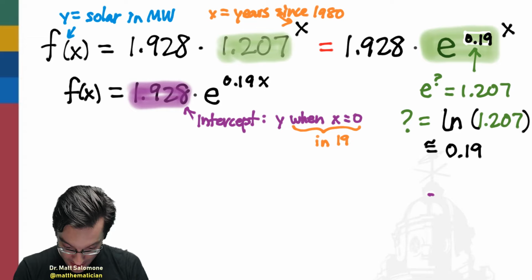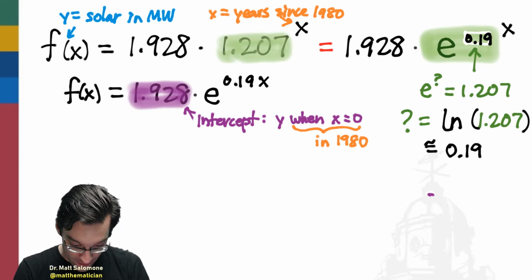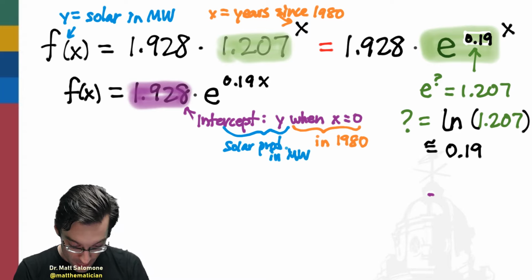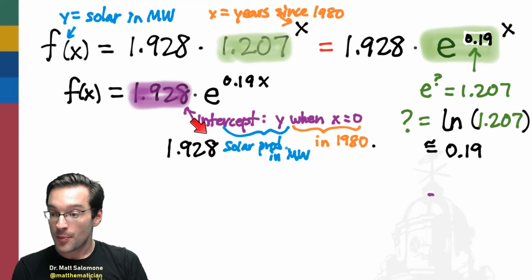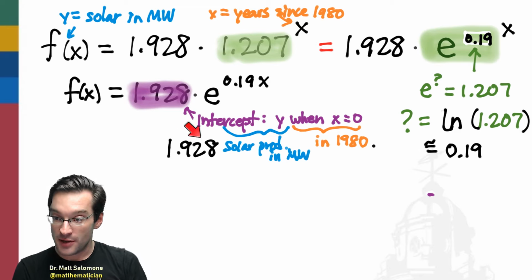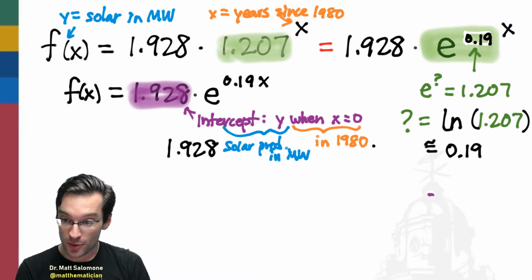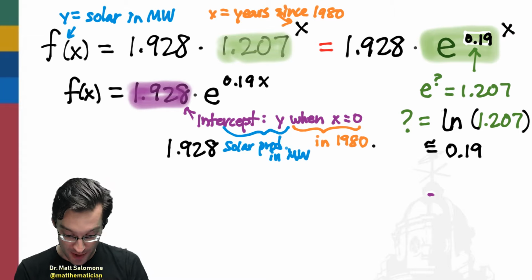In 1980, the value of y is therefore the solar production in megawatts. And so this number 1.928 tells me that in the year 1980, the production of solar energy in the United States was 1.928 megawatts in total. Right? So that's how we interpret the intercept of this equation.